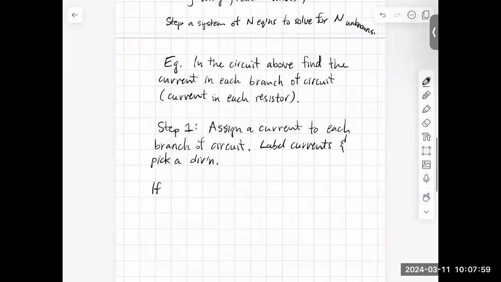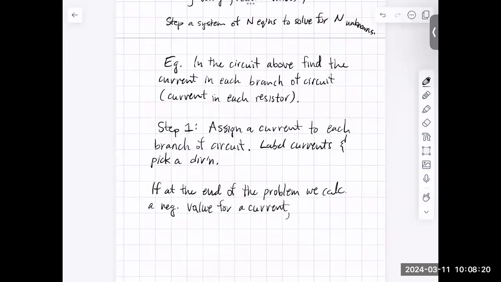Okay, so if at the end of the problem we calculate a negative value for a current, it just means that we chose the wrong direction.